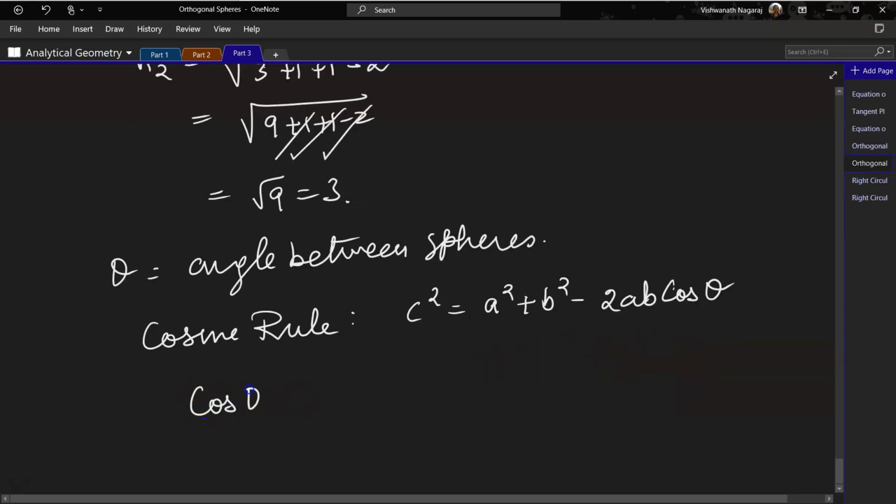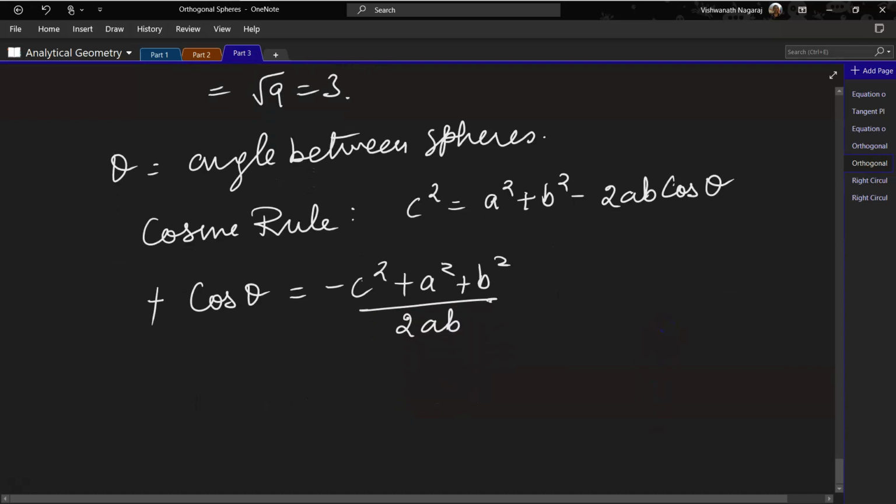So cos theta, if we do the rearrangement, minus 2ab cos theta, this a square b square will come to this side. So c square minus a square minus b square divided by 2ab will come down, and if we take this plus, this becomes minus, this becomes plus. So cos theta is equal to a square plus b square minus c square by 2ab.